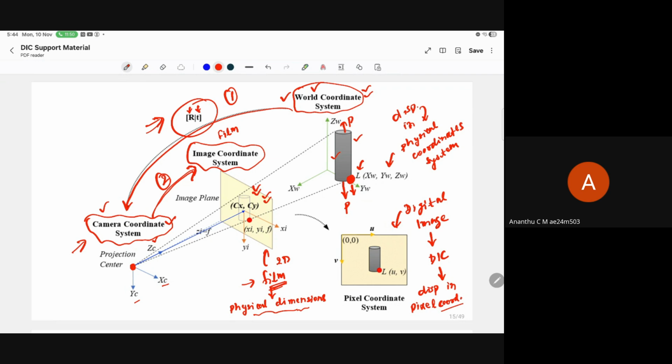You also have to transform the physical coordinates in the film to the pixel coordinates in the digital image. This is the third transformation. So in total, in this whole DIC experiment, there are three transformations: world coordinate system to camera coordinate system, that is the first; then camera to the film of the camera, that is the second; and then the film of the camera to the final digital image, that is the third.